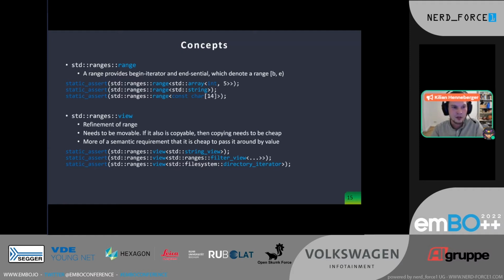So we can use the concept std ranges range, plug in a type, and it returns true if it satisfies the concept and is a range, and false if not. And the concept range is satisfied by a type which gives you a begin iterator and an end sentinel, typically by either calling the member functions begin and end, or by calling freestanding functions begin and end. There's some kind of logic in the ranges library for how to actually call begin and end. That shouldn't bother us now.